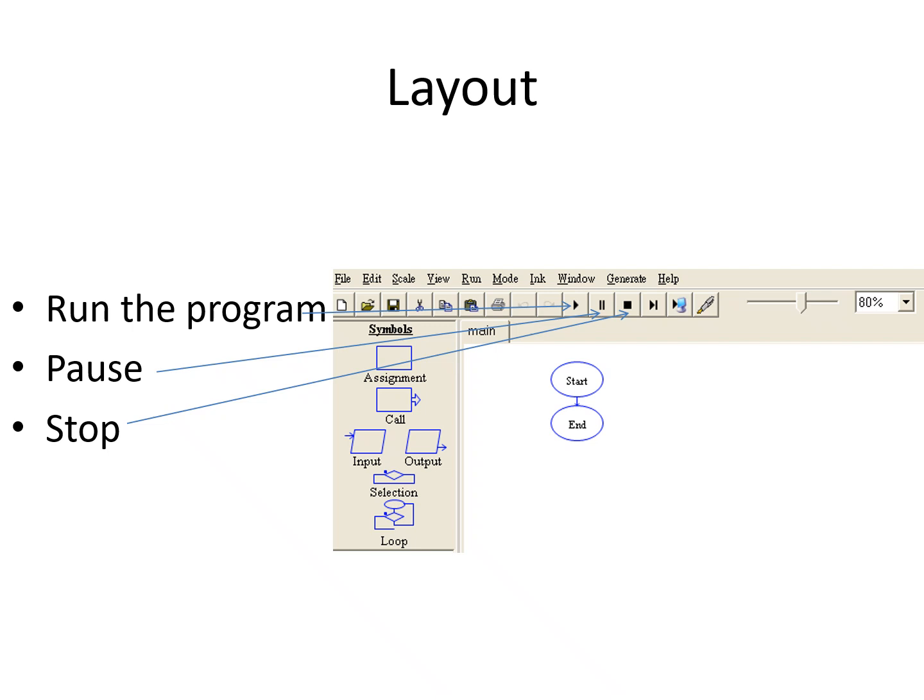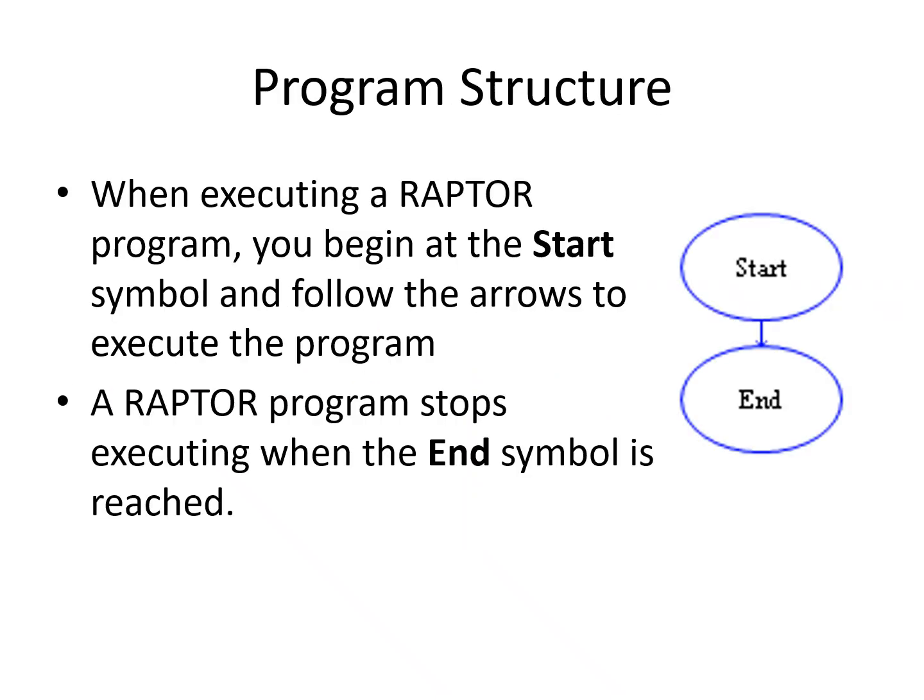So this slide focuses only on key components of the Raptor interface, the symbols which are used to build flowcharts, and the basic structure of a Raptor program. Basic structure means it includes only start and end options. And this is the structure. So program structure: when executing a Raptor program, you begin at the start symbol and follow the arrows to execute the program.